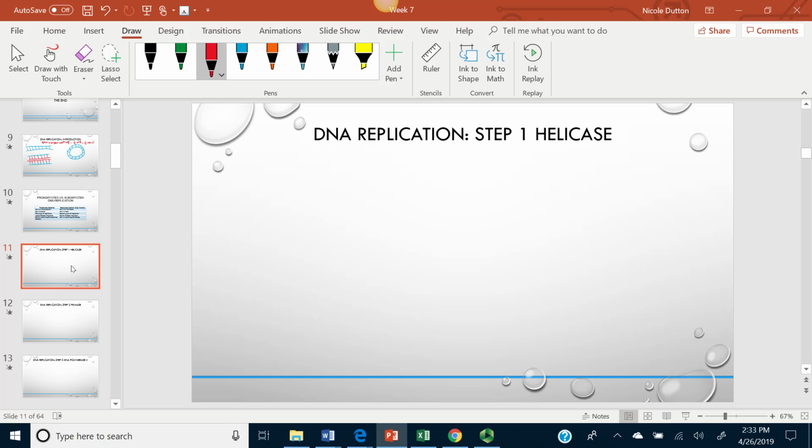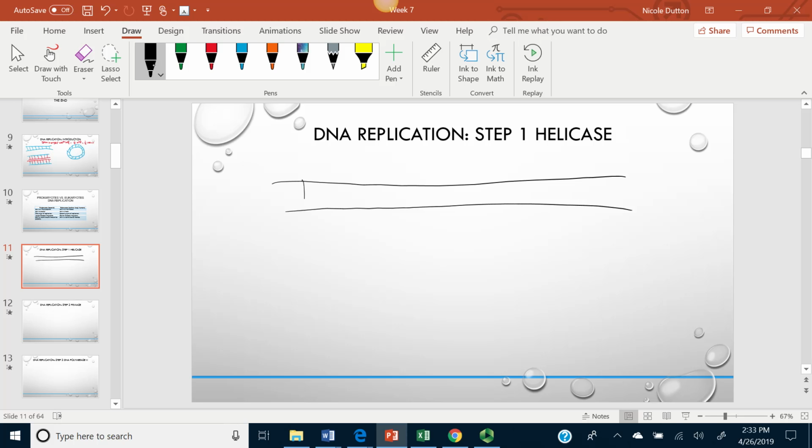So when we talk about the steps of DNA replication, remember we're starting with double-stranded DNA. The first step is to open up the DNA, because we need to be able to get into the strand of DNA.